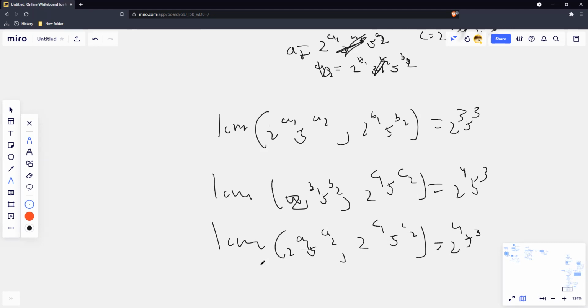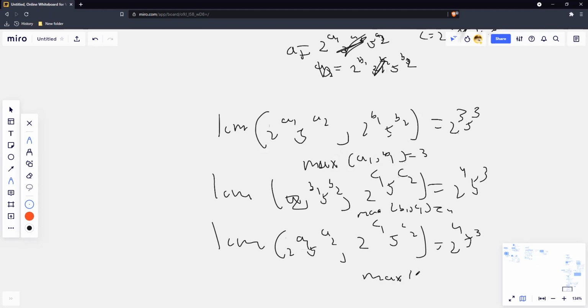Let's take care of all the powers of 2 first. We'll focus on 5 soon. Okay. So for this, we can say that by the definition of LCM, max of A1 comma B1 must be equal to 3. Max of B1 comma C1 is equal to 4.